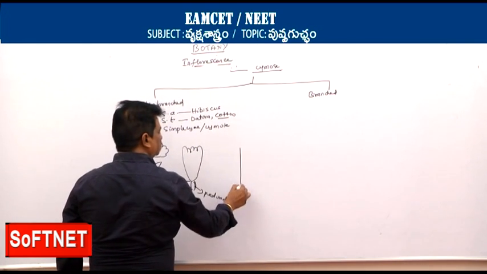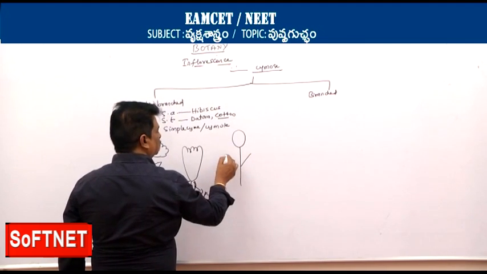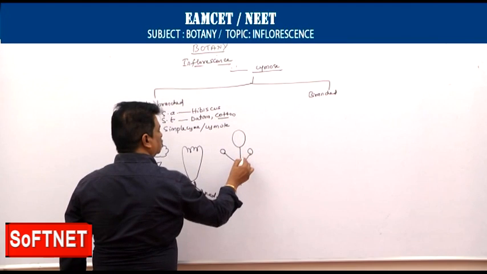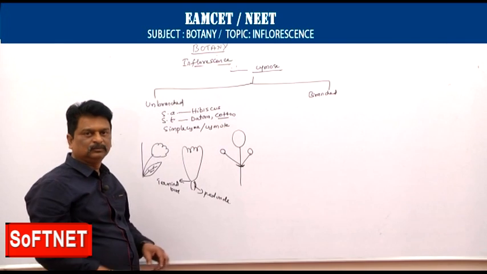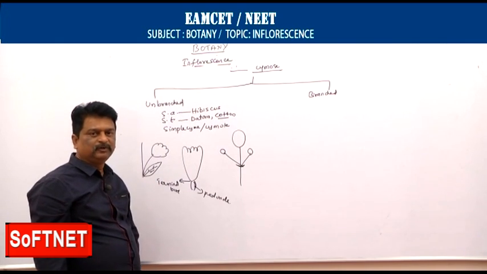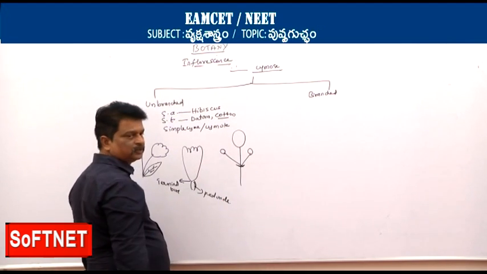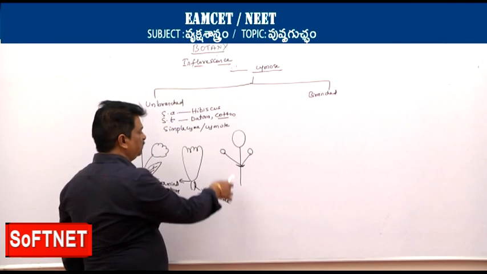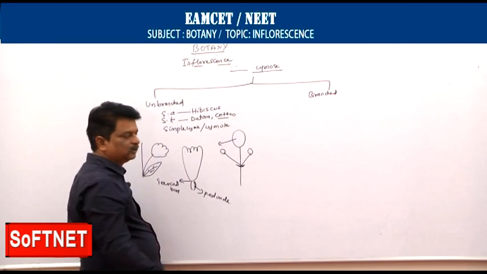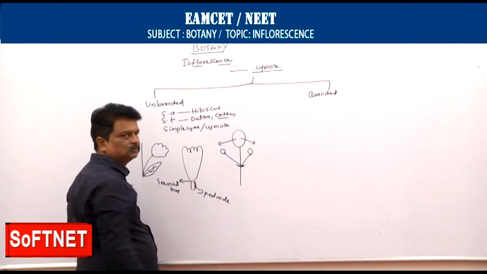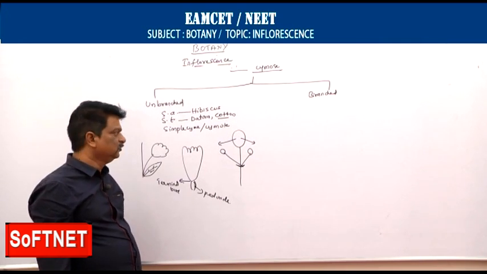And third type is simple cyme, or cymule. It is a three-flowered inflorescence, in which older flower present at apex, younger flowers present at base, so it is basipetal, and opening of flower takes place from center to corner, called centrifugal.